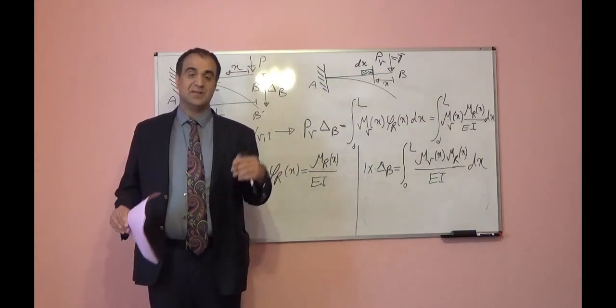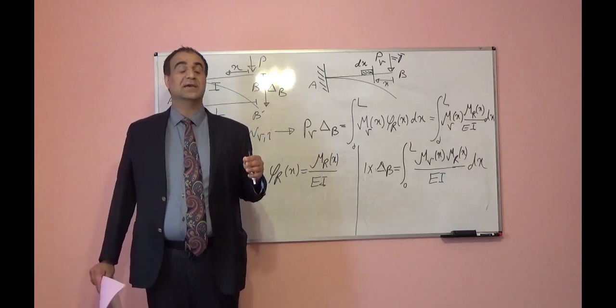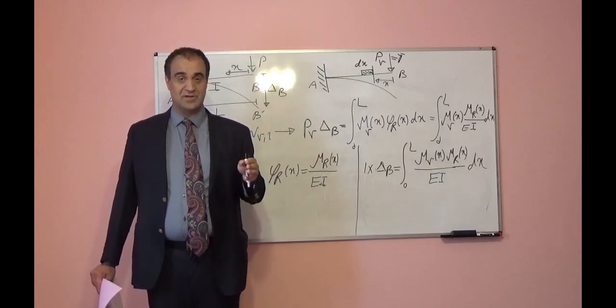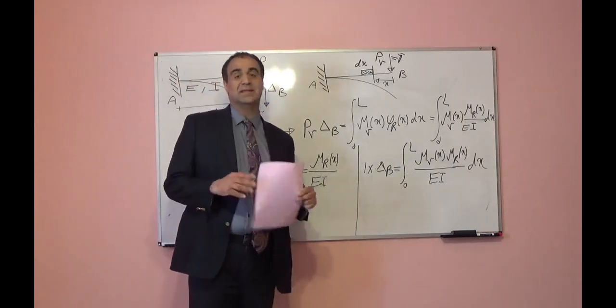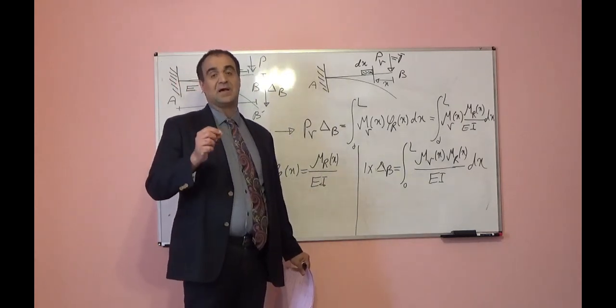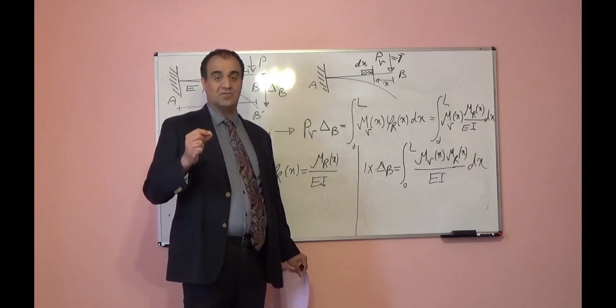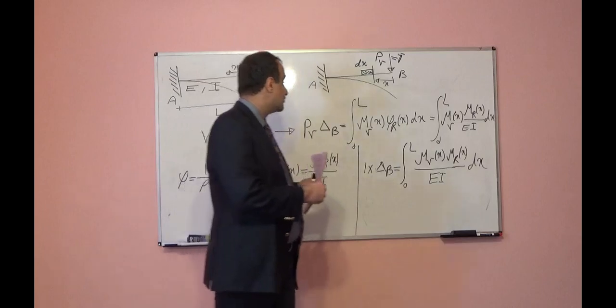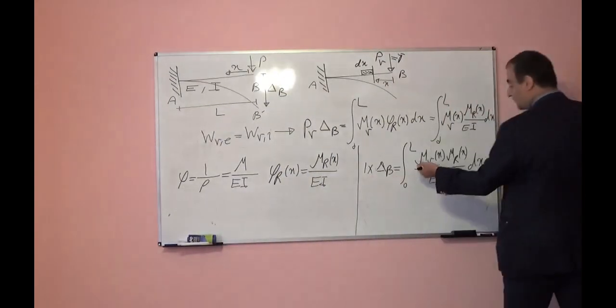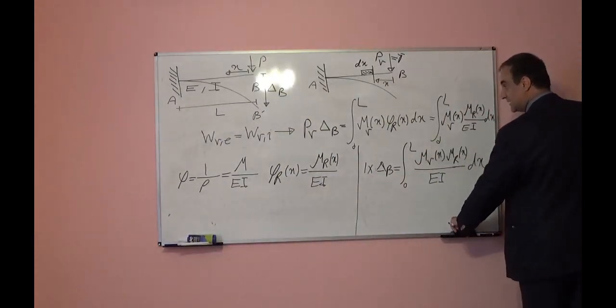But in a short beam, later on I will explain, we cannot neglect the shear deformation. We should consider that. But for most beams, we will neglect that term, and the deformation or deflection for the beam will be deformation or deflection because of bending moment. Here, I proved the deformation because of the bending moment.